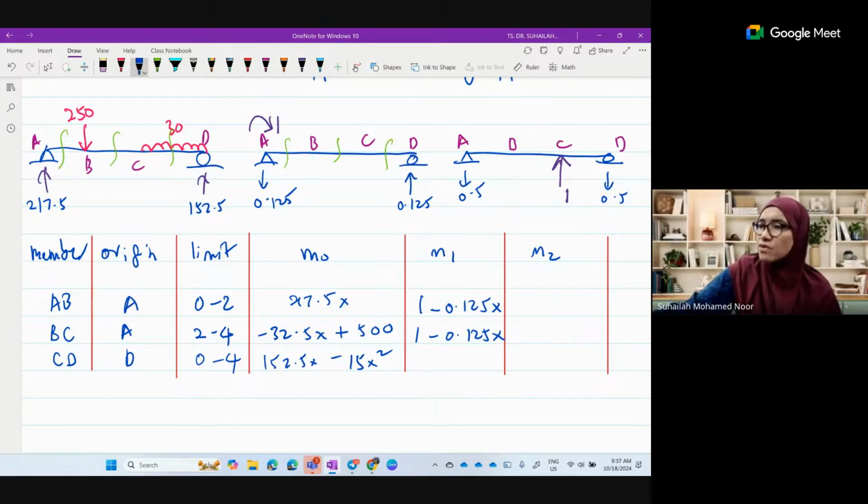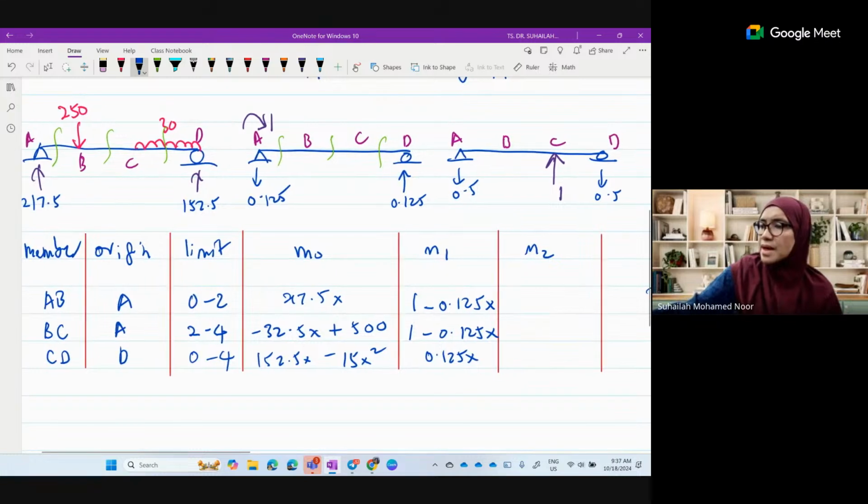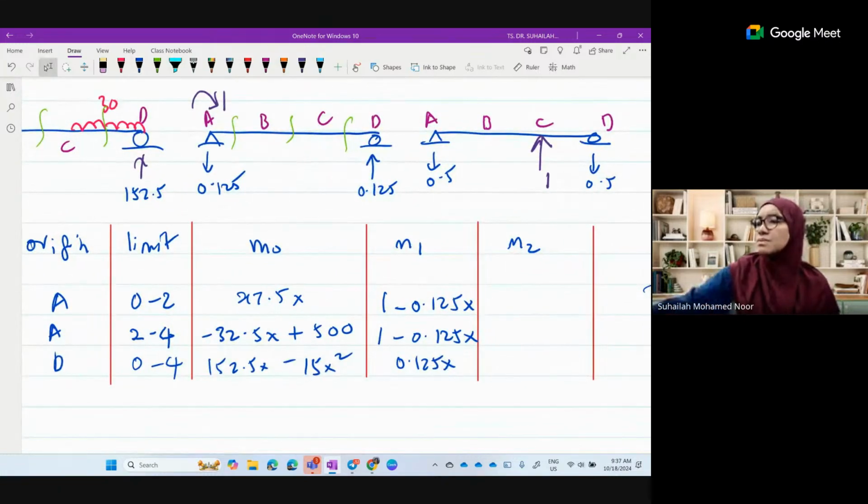And for CD it will be 0.125x. Correct? Check. Correct. Okay, so you must get familiar by doing practice.